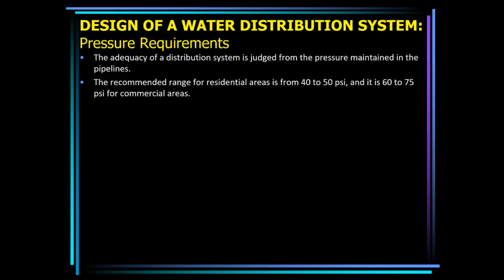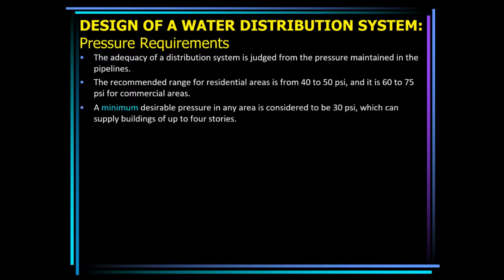A minimum desirable pressure in any area is considered to be 30 psi. This is the minimum, which can supply buildings up to 4 stories.